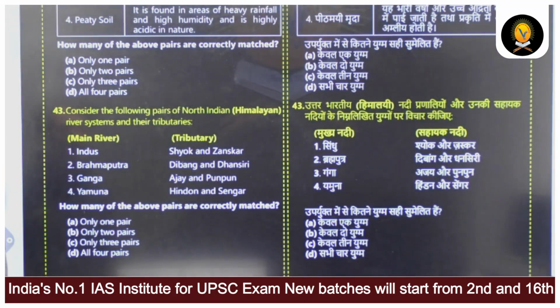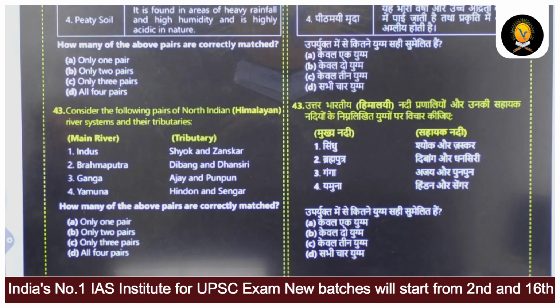Question 43. Consider the following pairs of North Indian river systems. Brahmaputra, tributary Dibang and Dhansiri. Yes. Indus, Shyok and Zaskar. Yes. Ganga, Ajay and Punpun. Yes. Yamuna, Hindon and Sengar.